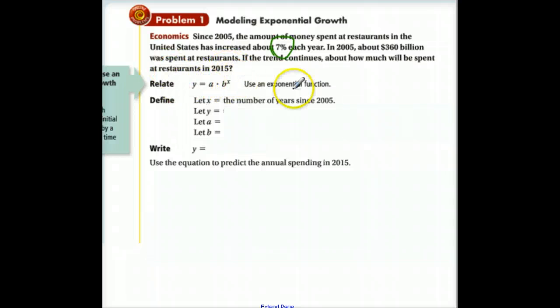All right, so here's our exponential function. We're going to plug in values for all the variables. x is the number of years since 2005. Well, we want to measure 2015. Our x value is going to be 10 when we plug it in, because it started in 2005 and we're going to 2015. That's 10 years. y is going to be the annual amount spent at restaurants in billions of dollars.